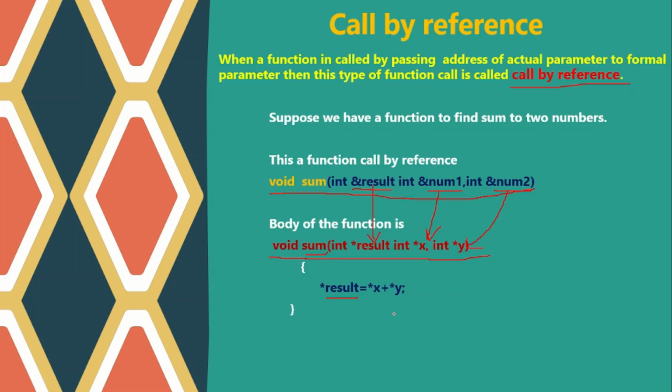We are not returning any value to the calling function. This is the beauty of call by reference. And see, without returning any variable, we are able to print the result of num1 plus num2 using main function.